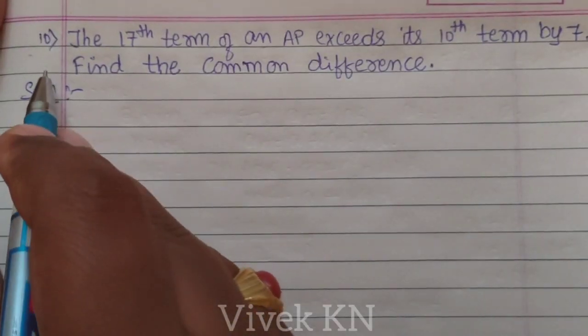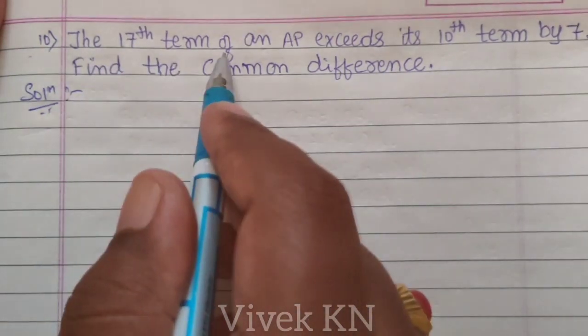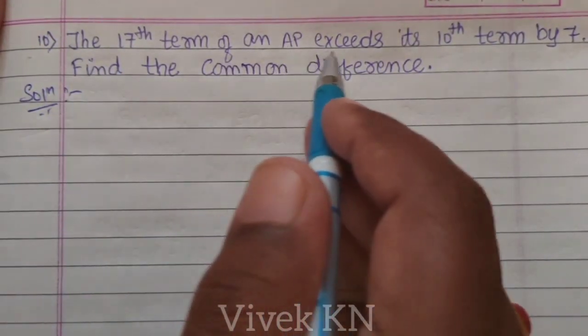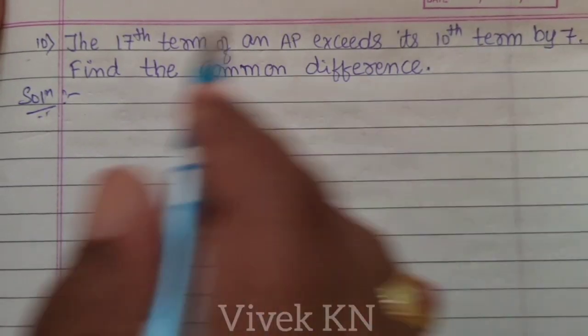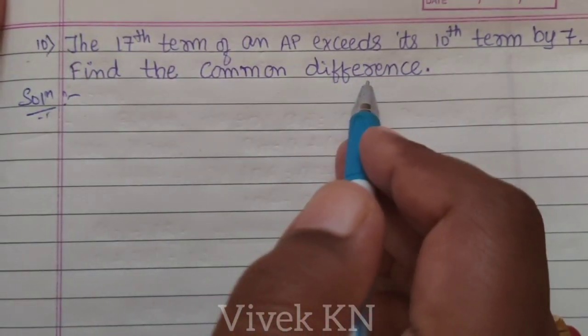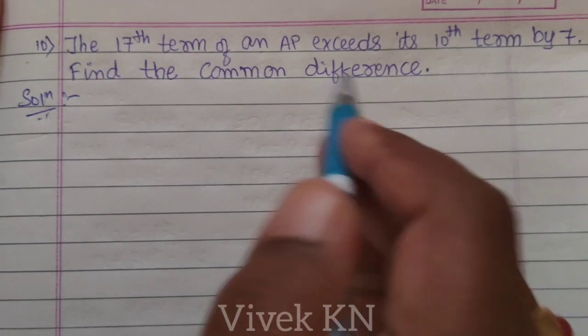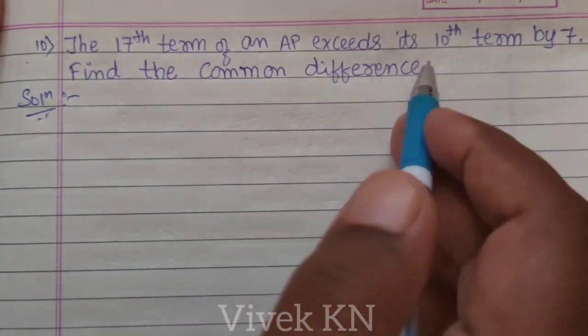Next, 10th question. The 17th term of an arithmetic progression exceeds its 10th term by 7. Find the common difference. Here in this question, they have given a condition.